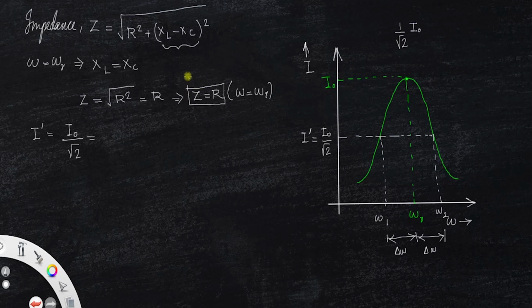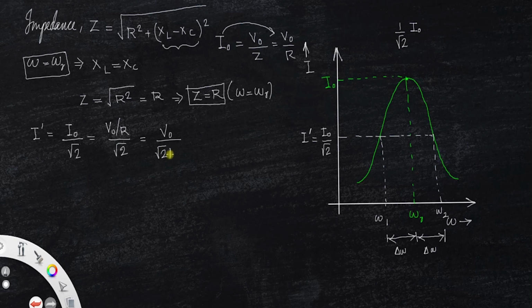We know at omega equal to omega r, the maximum current will be V0 divided by the impedance Z, but V0 by impedance is actually R when omega equal to omega r. So I can put the value I0 equal to V0 by R in here. So it will be V0 by R divided by root 2, which is equal to V0 divided by root 2 R.